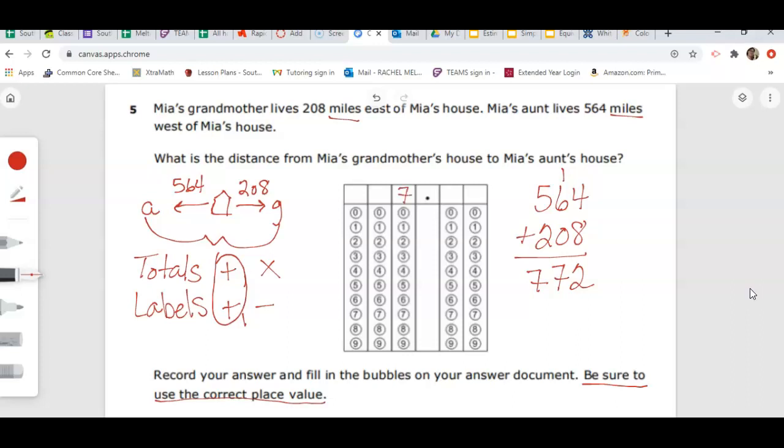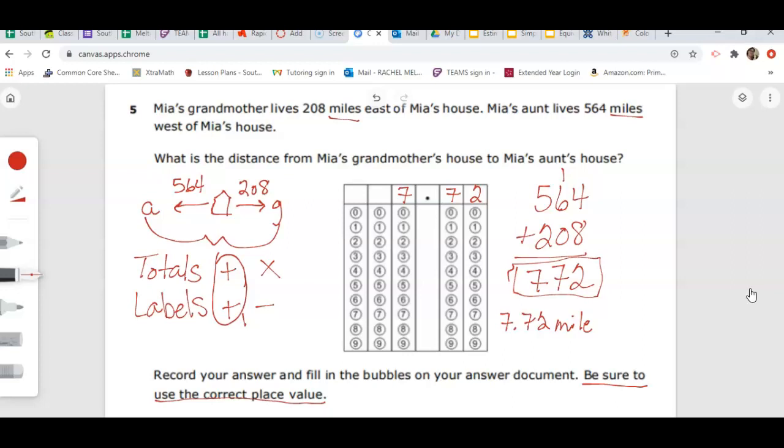Ladies and gentlemen, if I write the answer like this, which is the way most people that get this wrong write this answer, I am saying that between Aunt's house and Grandma's house is only 7 and 72/100ths of a mile. But really, it's over 700, almost 800 miles. This is not a reasonable answer.